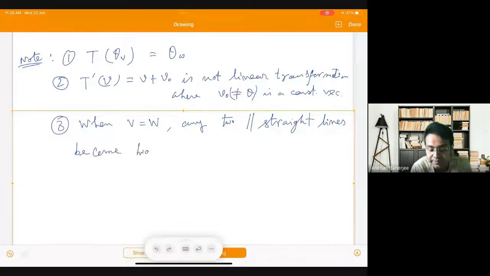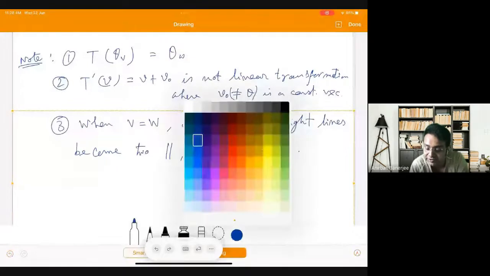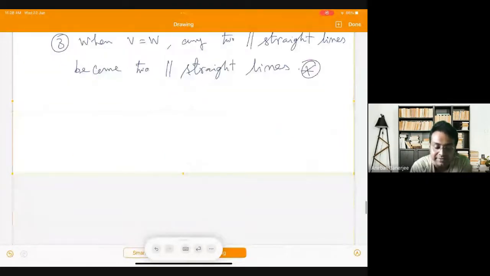Okay. So sometimes people say that these two are also very important to judge visually that some transformation is linear or not. Is 1 and 3, you can decide that some transformation is linear.